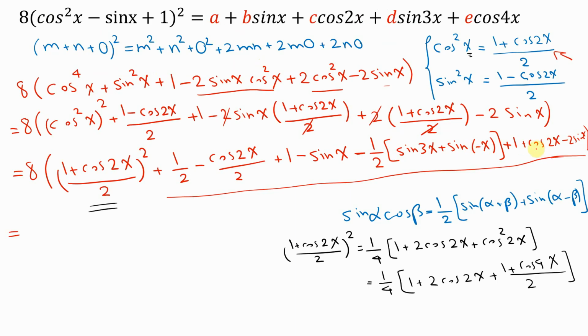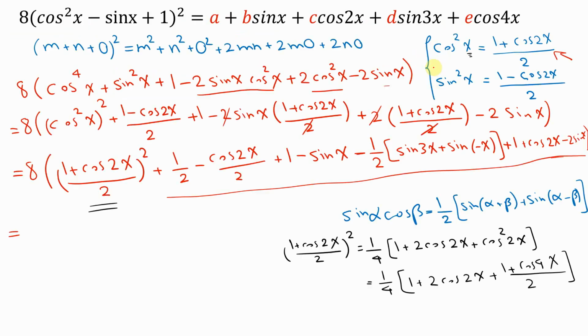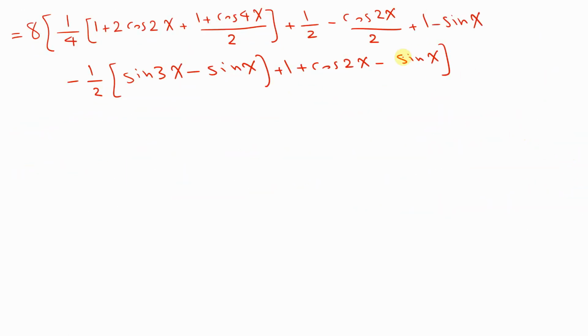And finally, 1 plus cosine of 2x minus sinusoid of x. No, I forgot this 2 in here. Okay, here are all the expressions.